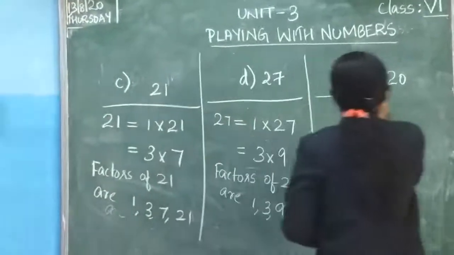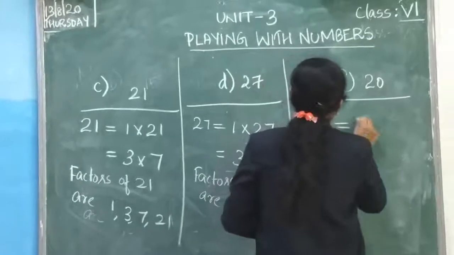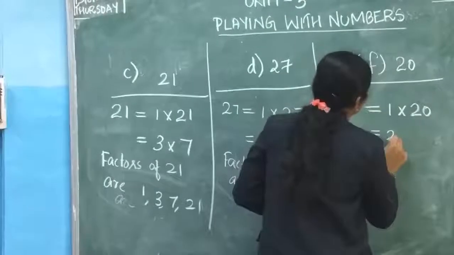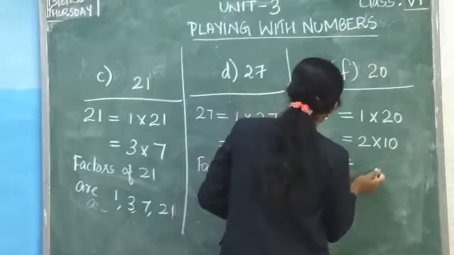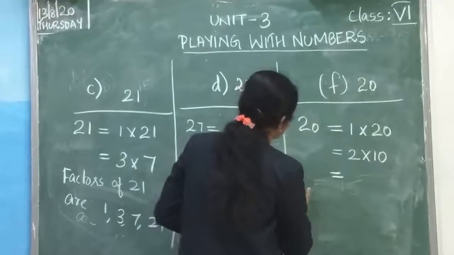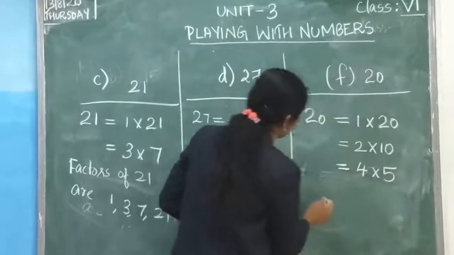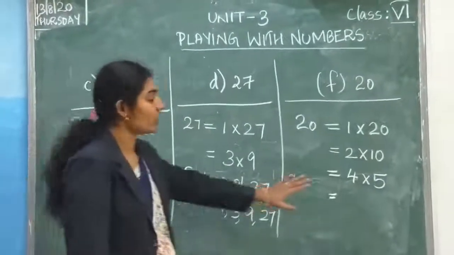Last question, 20. How can you write 20? 1 multiplied by 20, 2 multiplied by 10, 4 multiplied by 5. Any more? Only this much is there.